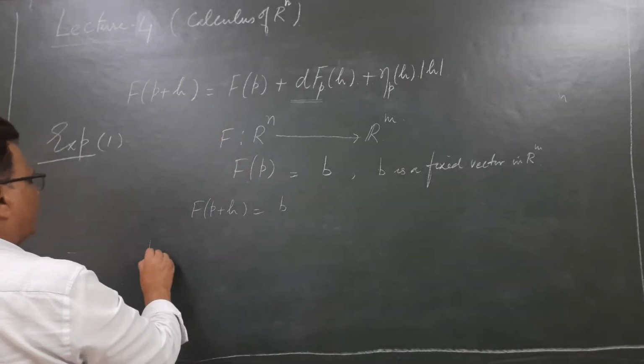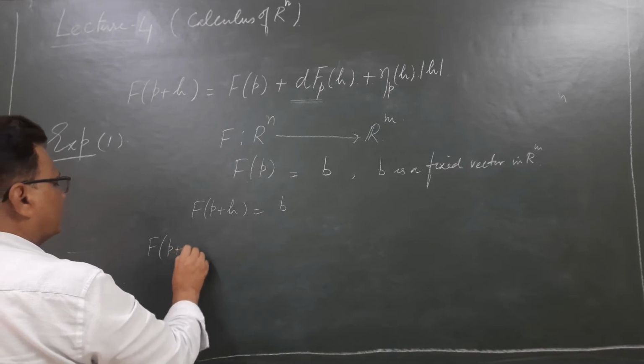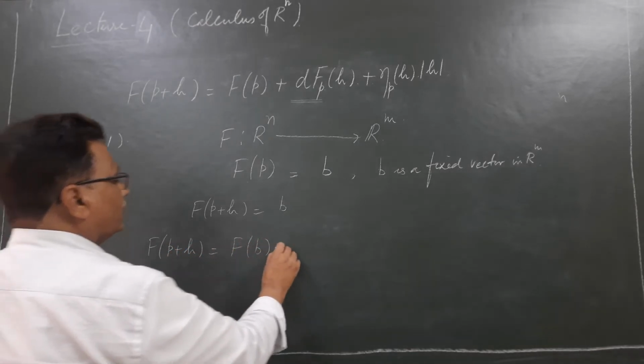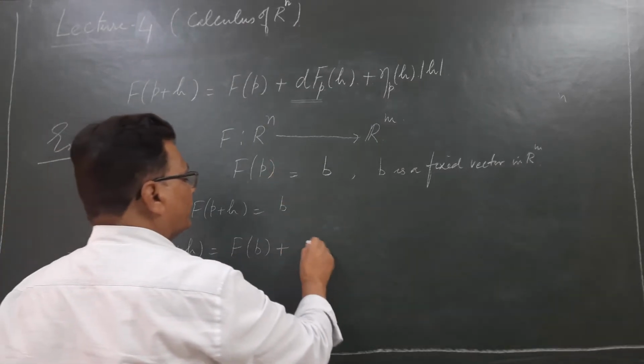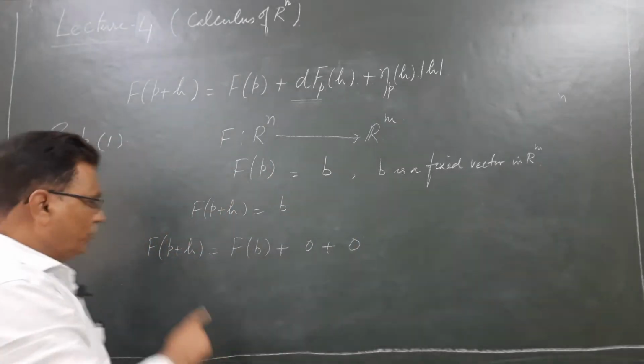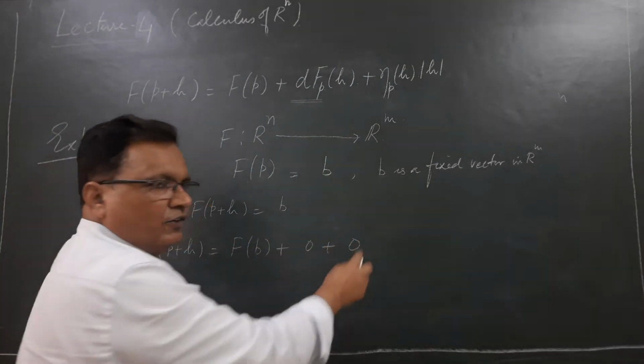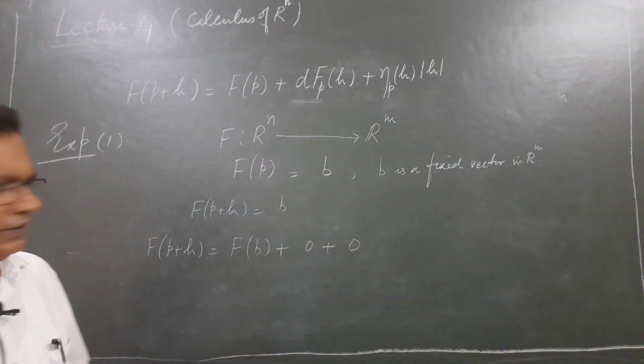So f of p plus h is equal to f of p, both of them are b. Any other term must be 0, is it right?